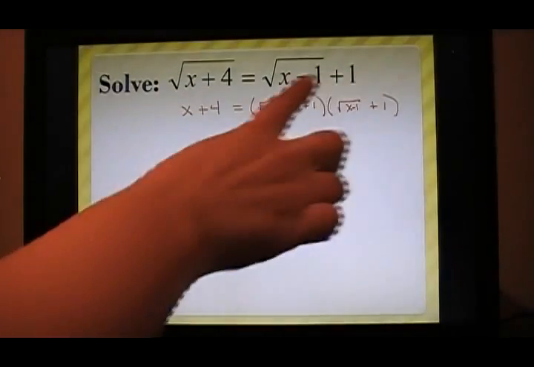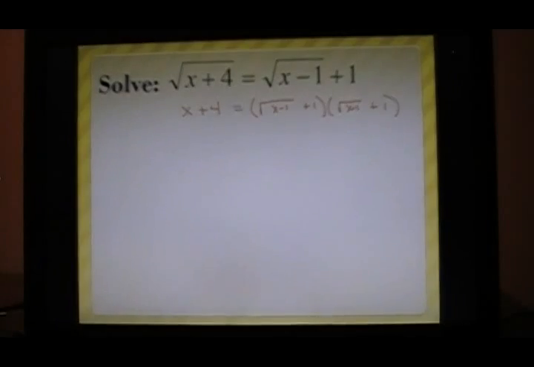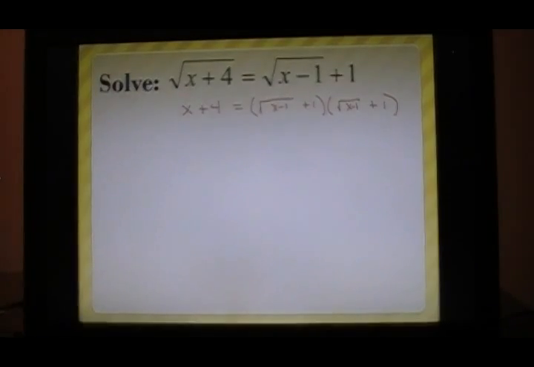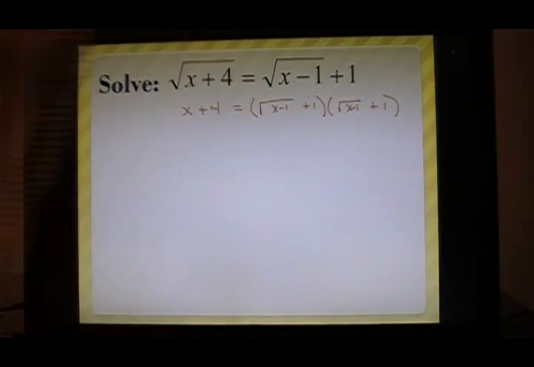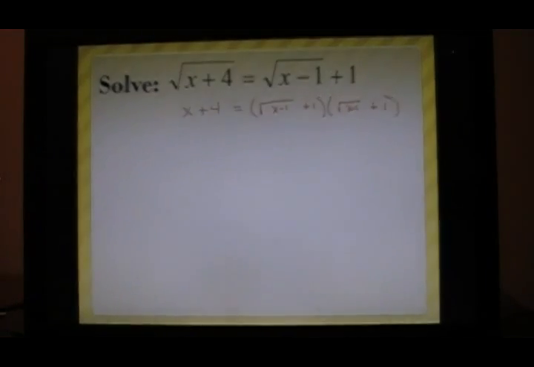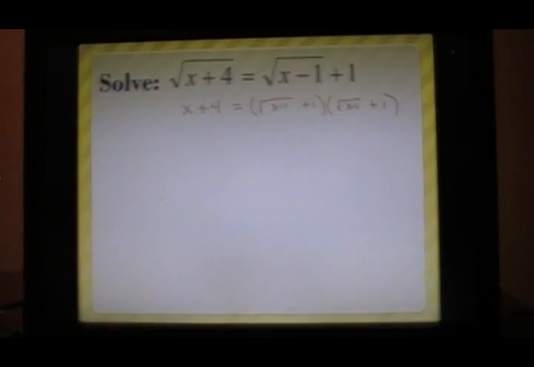So we have to actually multiply those two binomials together and simplify and go through a whole bunch of junk. With that extra plus 1 and the two square roots, we're going to have to square a couple of times in order to get rid of all of my radicals.